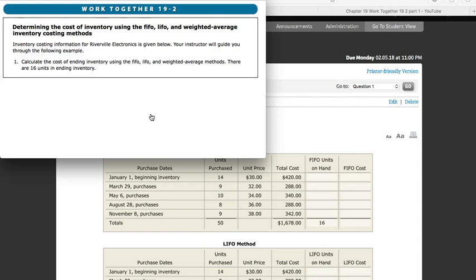We're going to determine the cost of inventory using the FIFO, LIFO, and weighted average inventory costing methods. We're going to calculate the cost of ending inventory based on 16 units. We have 16 units in ending inventory.